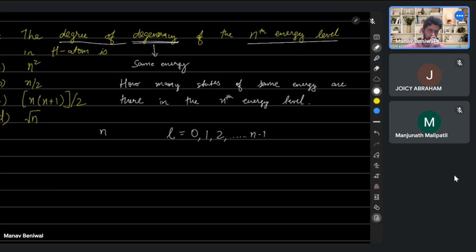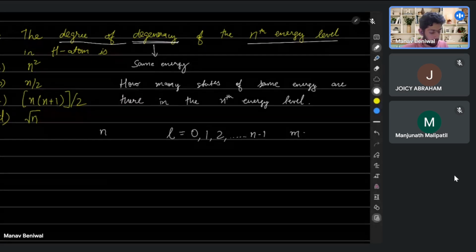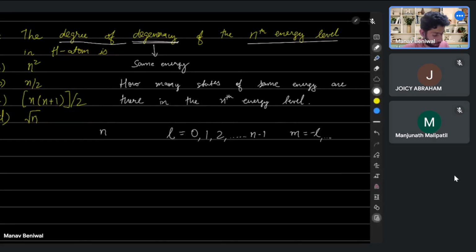Correct. And similarly, we will also have m, and m will have values from minus L to plus L, right?